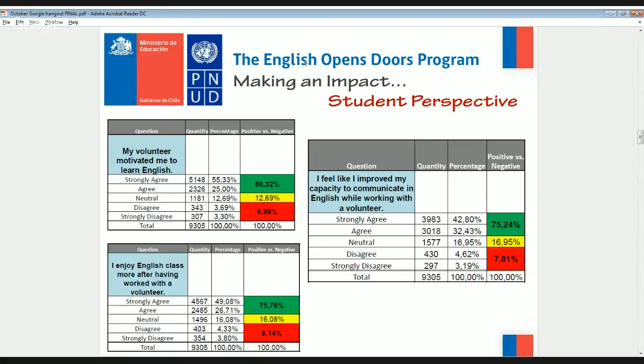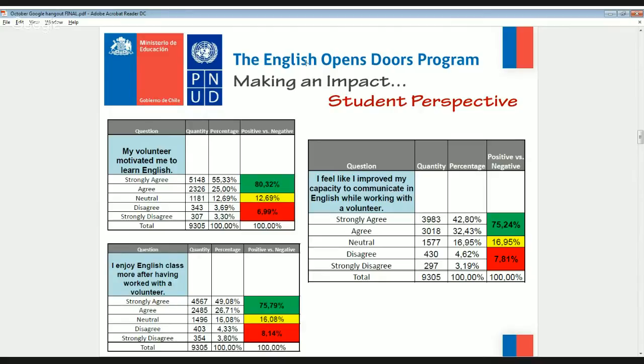Over 90% of the students agree, yes, in fact, the volunteer did motivate them to learn English. We also asked about their enjoyment in English class and if that had increased after working with a volunteer. And again, we have very positive results from that survey. We also asked if they felt that they were able to improve their capacity to communicate in English while working with a volunteer.